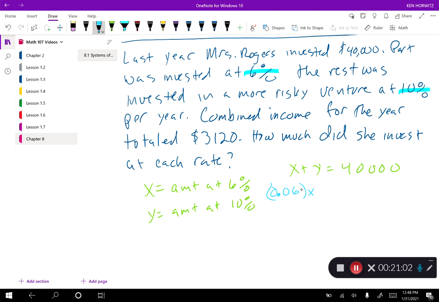At 6% interest, I would get that. So plus, again, 10% is 0.1y, and the amount made for the year was 3,120.